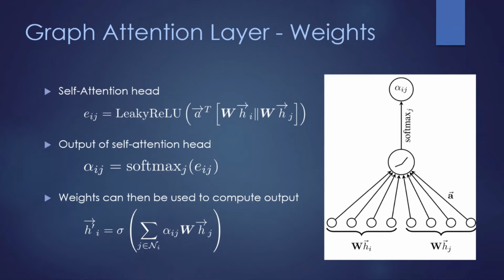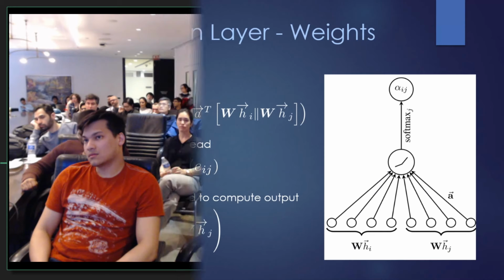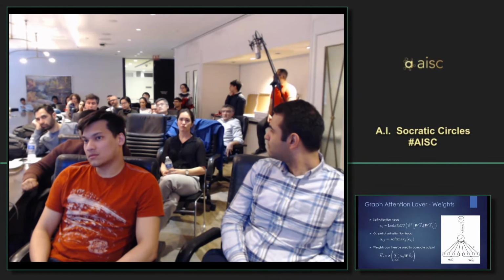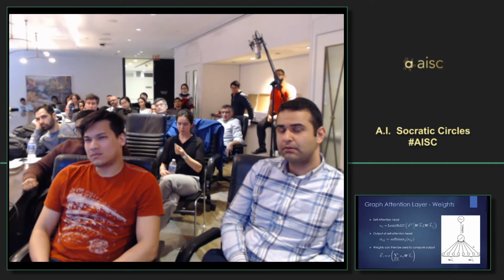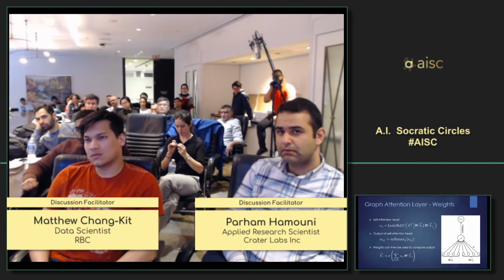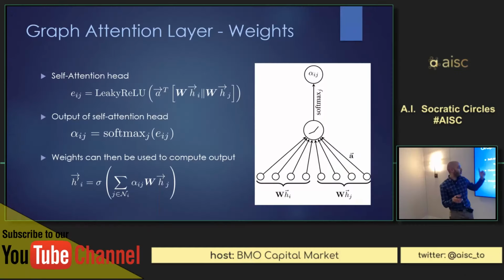It seems like you have to introduce some notion of a sequence or ordering across the neighboring nodes. Okay, the question was, it seems that we have to introduce a notion of sequence. My answer to that is no, because it doesn't matter which order. When you concatenate, the center node on which you're doing the convolution is the first one, and the neighboring node is always the second one.